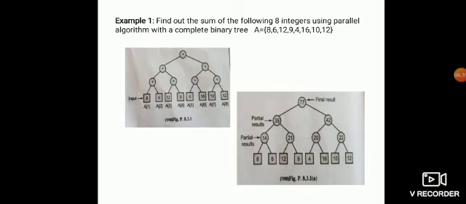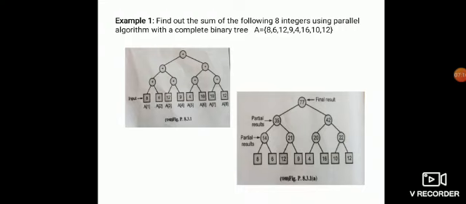Then combine those results in the bottom-up approach. Combine 14 plus 21, which is 35, and then combine this result further in the bottom-up approach to get 77. We get the final result at the root of the complete binary tree, and the final result is 77.